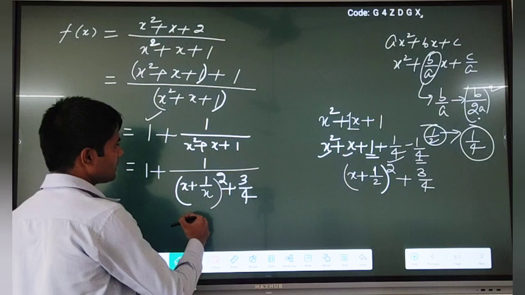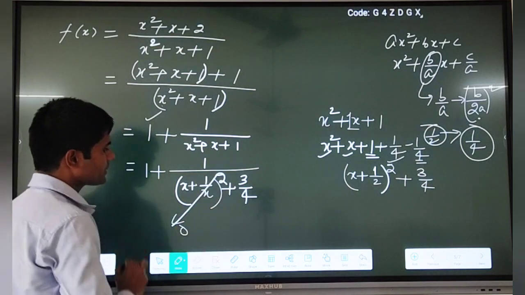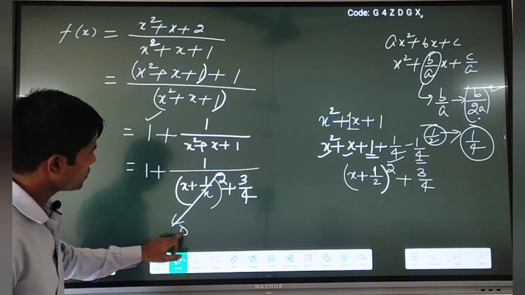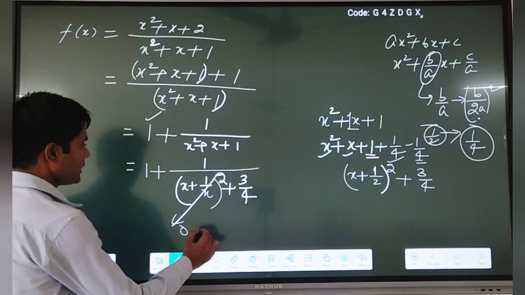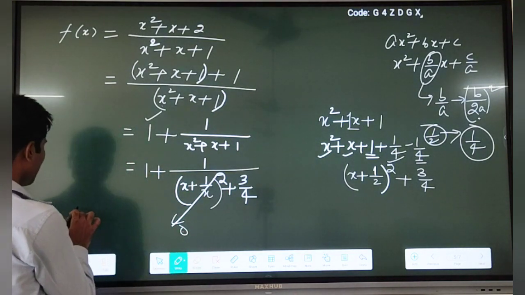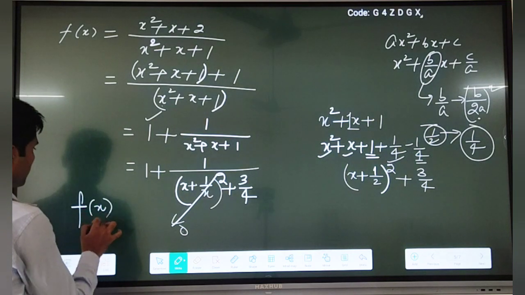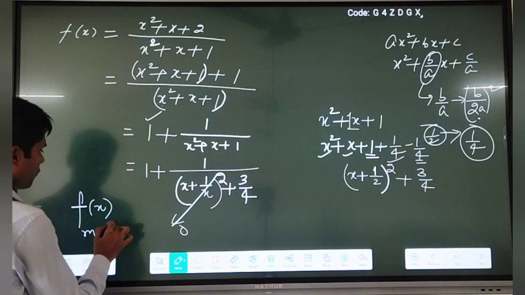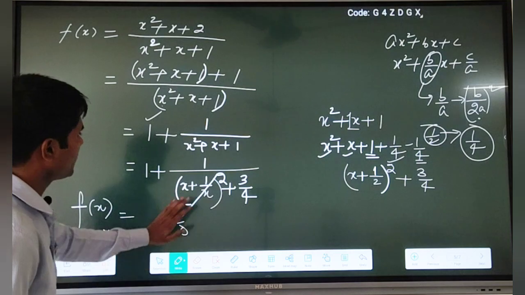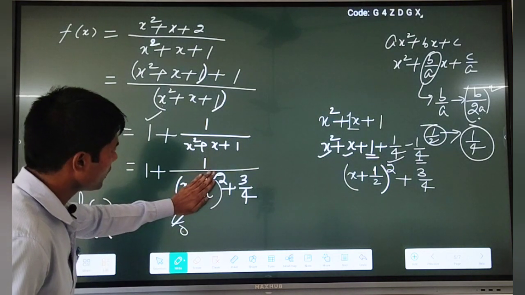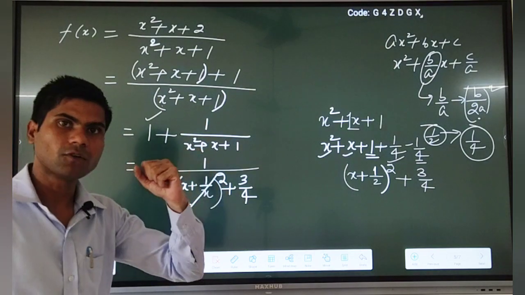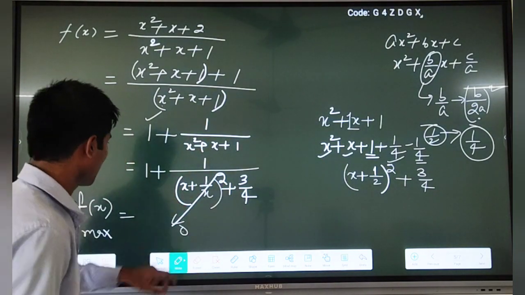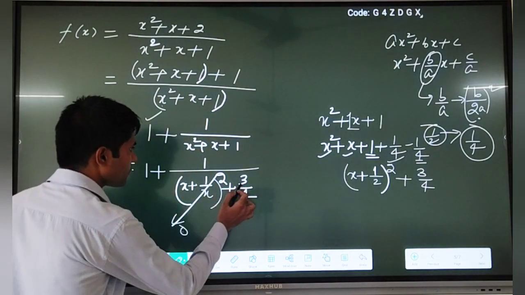So if instead of this expression we write 0, then 0 plus 3 by 4 will be 3 by 4. So here f of x maximum: we are putting the minimum value, and if we put the minimum value we can get the maximum value because it is the denominator. So 0 plus 3 by 4, 3 by 4.